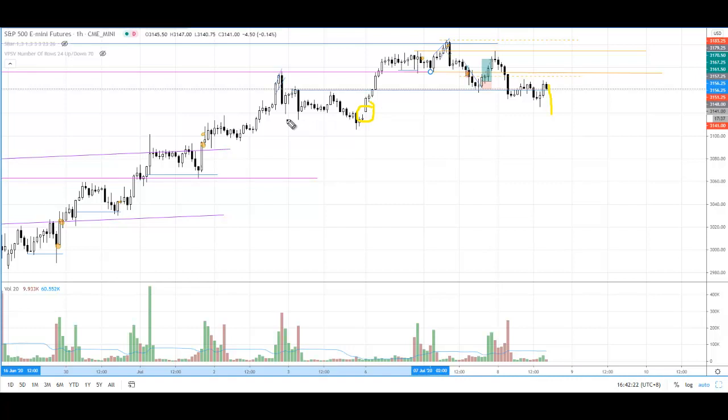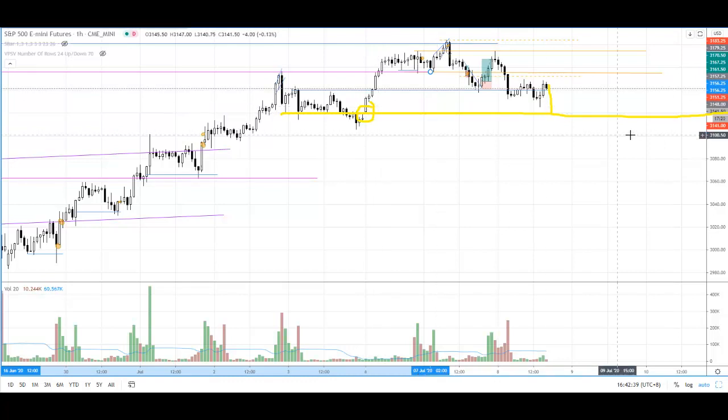So this is another level to watch. It's around 3120. Let me see that. So this is 3116 or 3120. So it's somewhere around there.